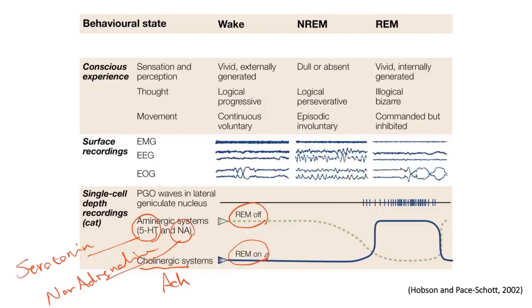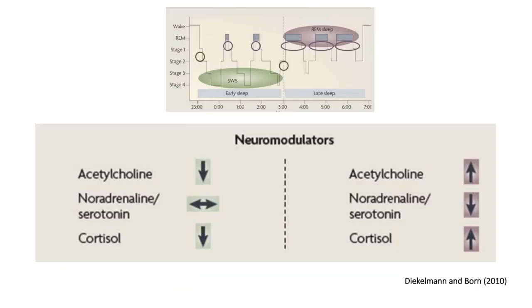This is how I can show you these processes: in slow wave sleep we have a lower level of acetylcholine, and in REM we have higher. But for noradrenaline and serotonin we have the same level as being awake, and a lower level during REM.